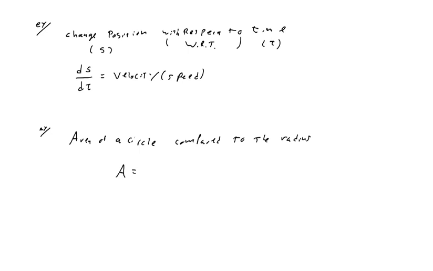Write it in the chat. There's a pi in there somewhere. Thank you, Paris. So yes, exactly. The area of a circle is pi times the radius squared.